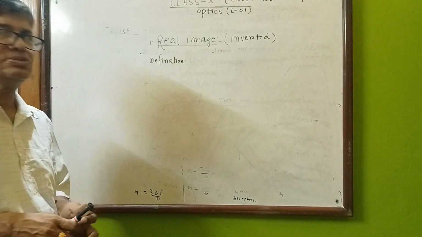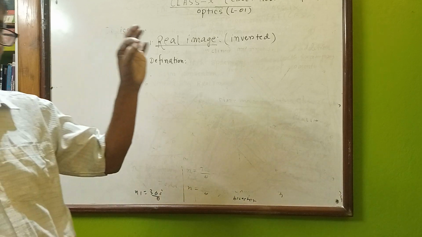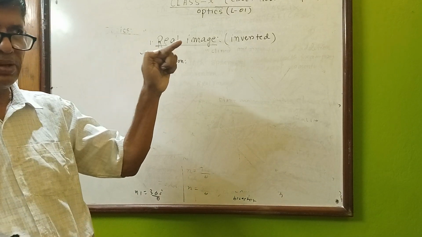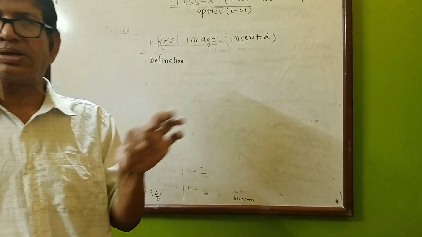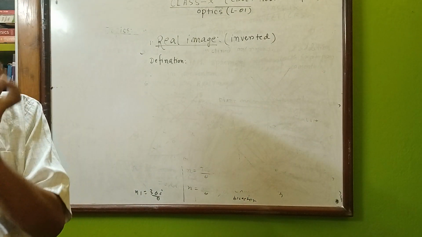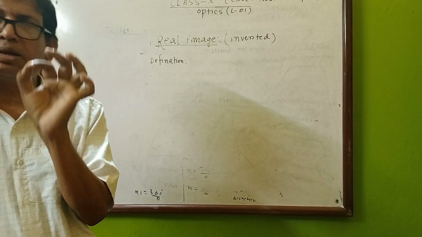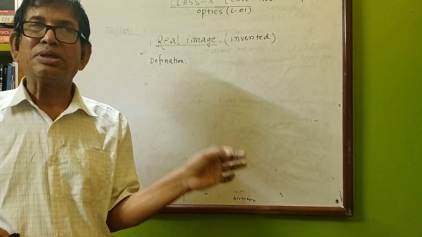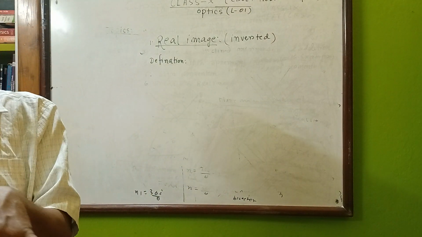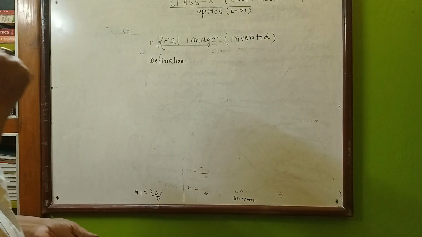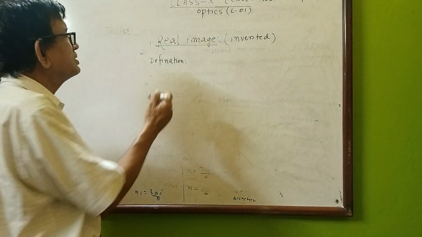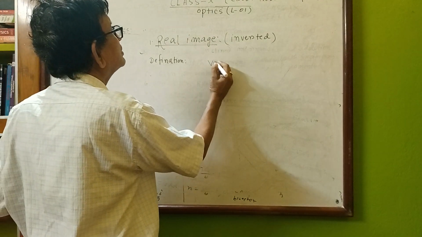Suppose from any object, reflected or refracted rays meet at a point, the second point is called the real image of the first one. If they appear to meet at the second point, then the second point is known as the virtual image of the first one. Now, a virtual image is always erect.